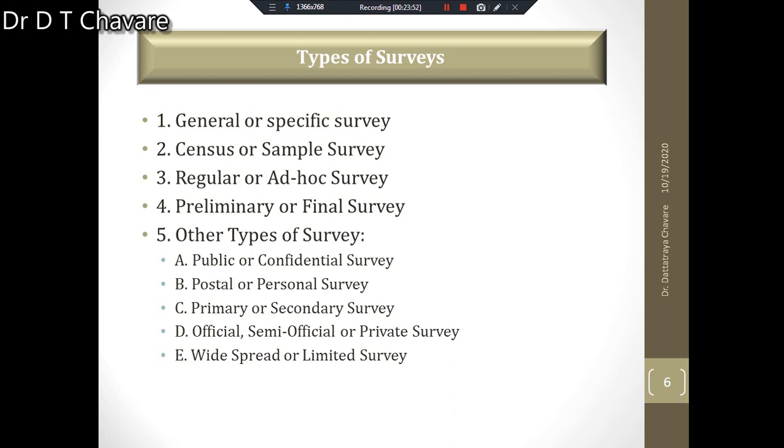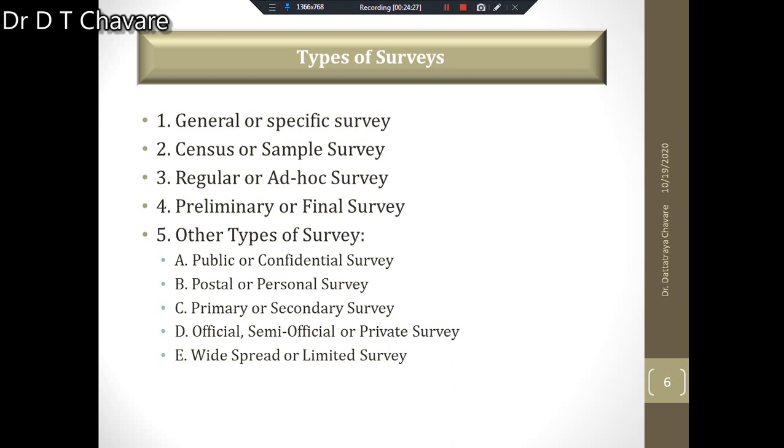If you are going to collect printed or online information from books, magazines, journals, web pages, at that time that survey is called a secondary survey, because someone has already collected that information for some purpose. That's why you are going to use that information for your study and research purpose. Such secondary information collected through a survey is called a secondary survey. Are you getting my point?